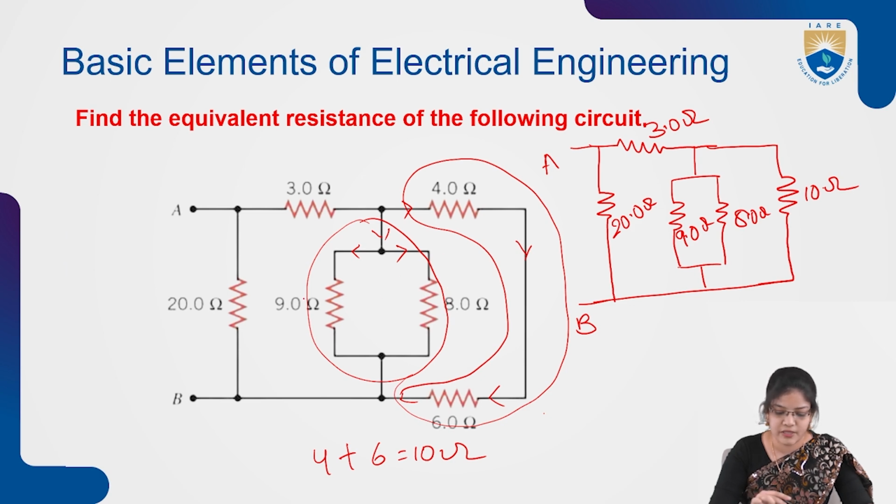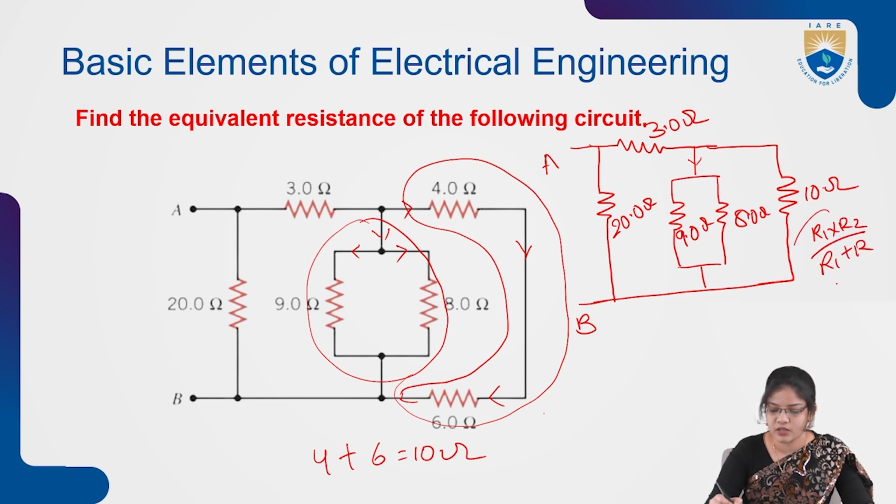Now we'll move to this parallel network. These two are connected in parallel, as the current is dividing here. To reduce these two elements, first we have to take the formula R1 into R2 by R1 plus R2.